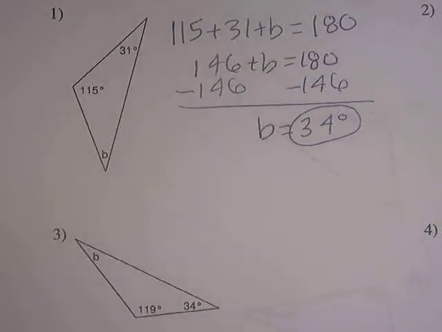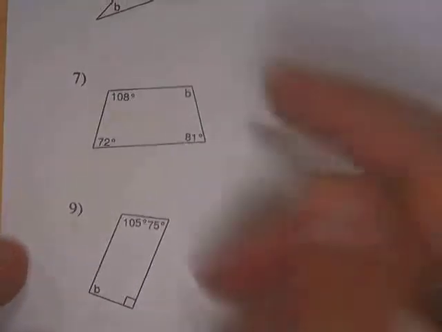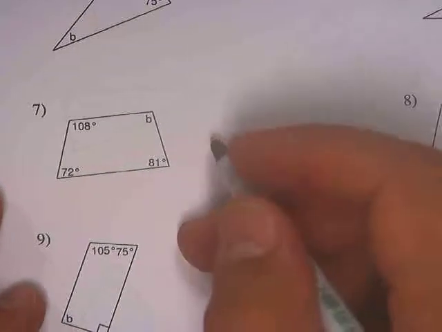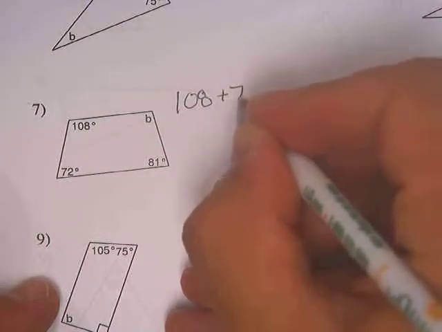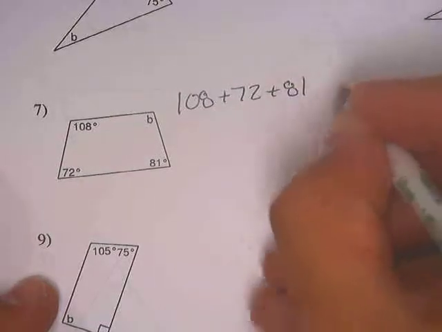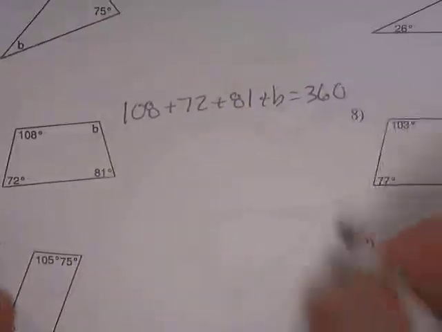All right, great. Now I want to go a little down to, there are actually some quadrilateral ones. I said might as well practice quadrilaterals as well. Quadrilaterals add up to 360. So I take 108 plus 72 plus 81 plus B equals 360.